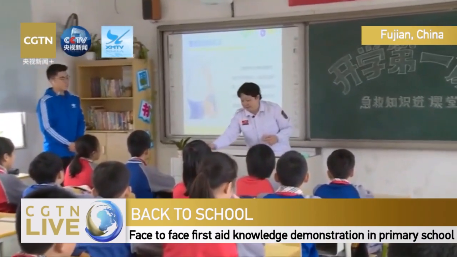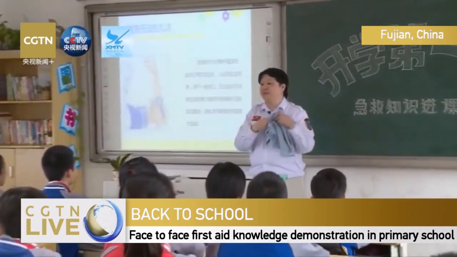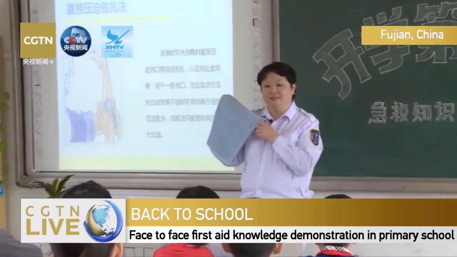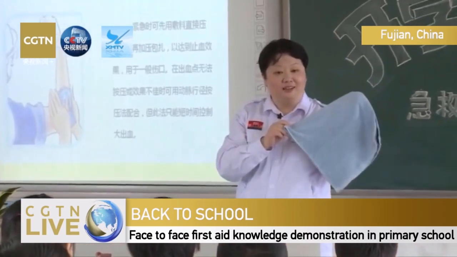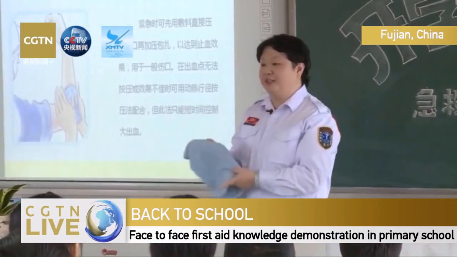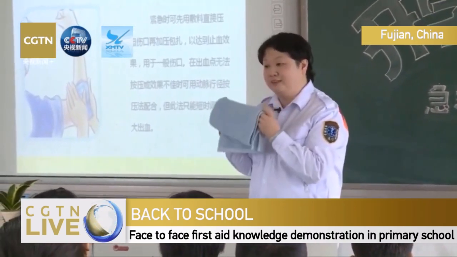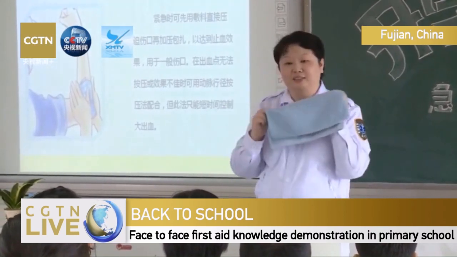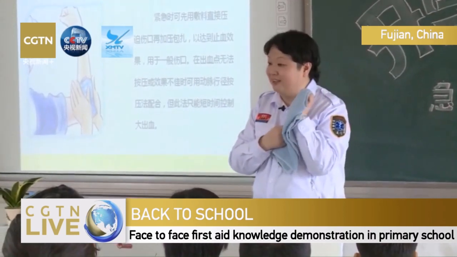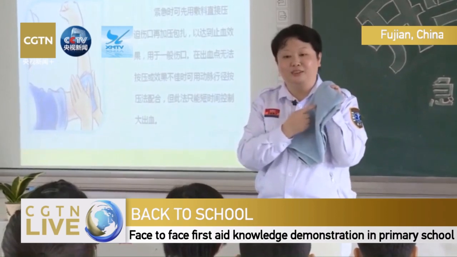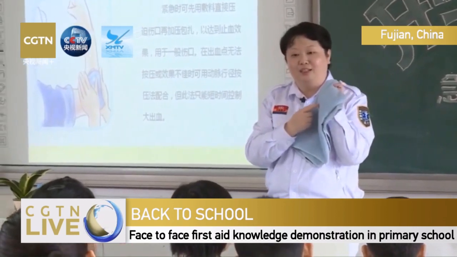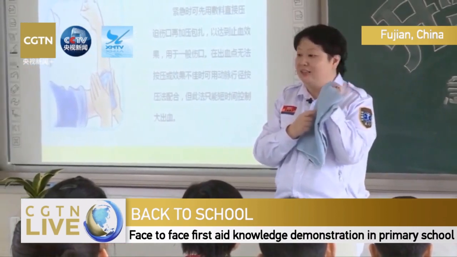If you do not have this at home, you have this at home, right? You must have this in your home, right? This is a regular towel. You can also use this to work as a bandage, but this has to be a dry towel.